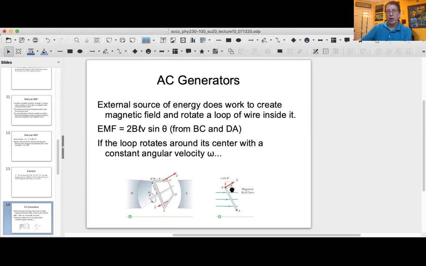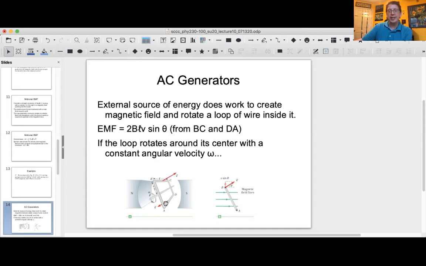So you have V times the sine of theta, and that cross product is perpendicular to both, so it's either into the page or out of the page, which means it's going to follow along the line segments BC and AD.